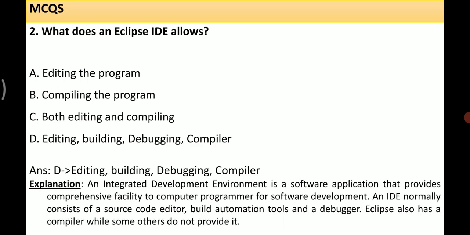An integrated development environment is a software application which provides comprehensive facilities to computer programmers for software development. An IDE normally consists of a source code editor, build automation tools and a debugger. Eclipse also has a compiler, while some others do not provide it.